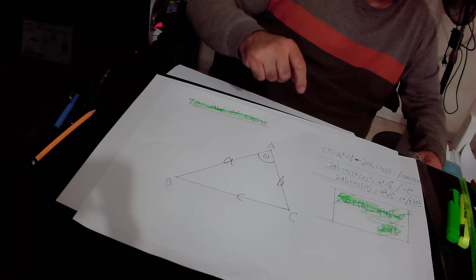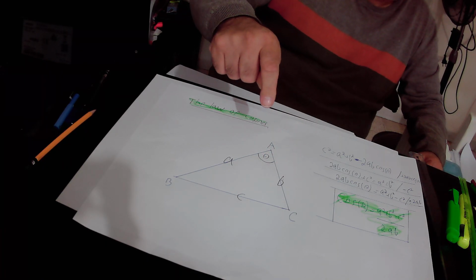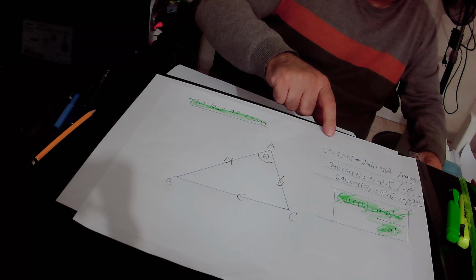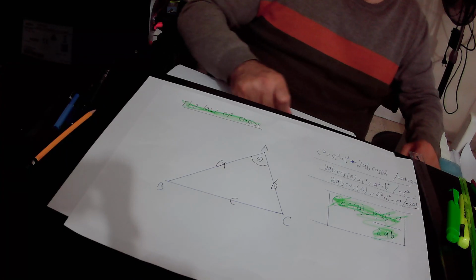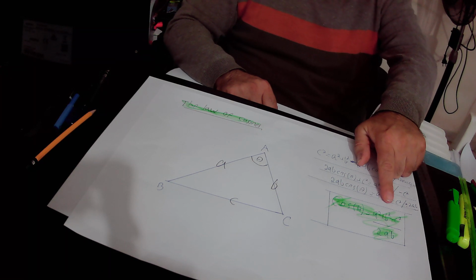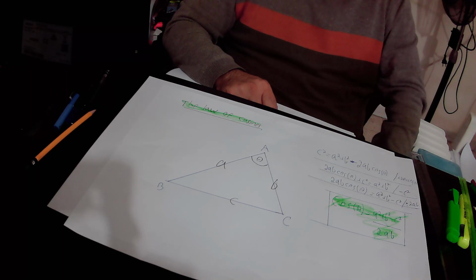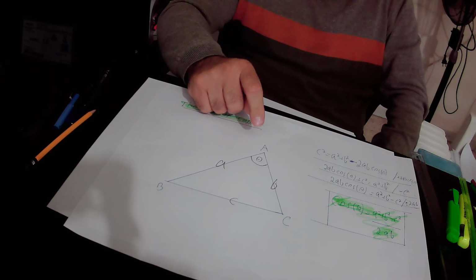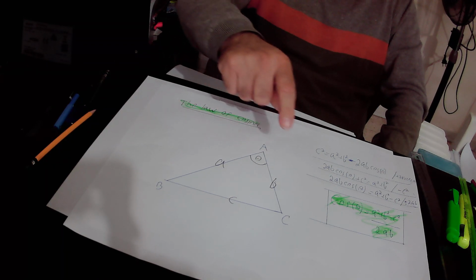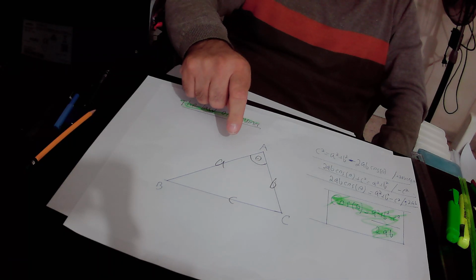According to the law of cosines, c squared equals a squared plus b squared minus 2 times a times b times cosine theta. So from this equation, it is very easy to arrive at cosine theta equals a squared plus b squared minus c squared over 2 times a times b.